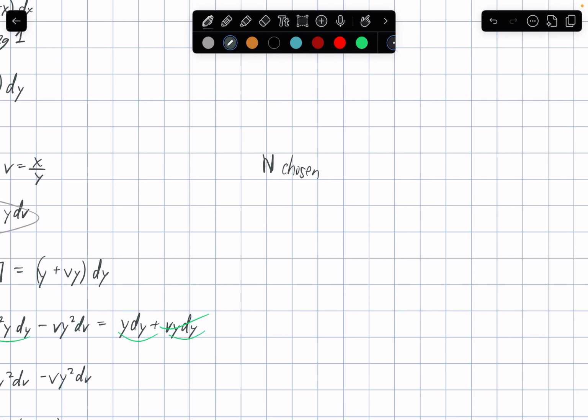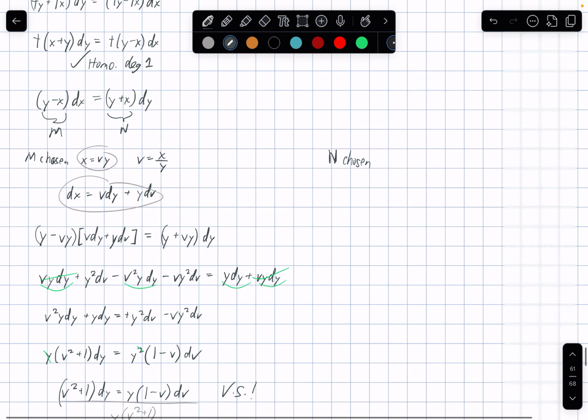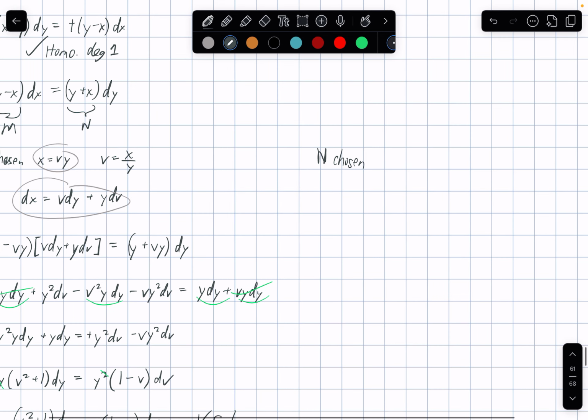In that case, that would be extremely ridiculous. Y is equal to UX. Okay. U is equal to Y over X. dy is equal to U dx plus X du.